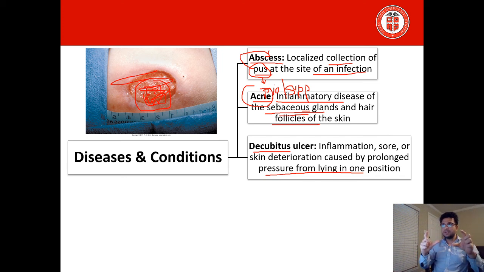When a person is paralyzed, especially on the areas of bony prominence, for example, if I'm lying on my side, then this part of my hip bone is too superficial and will be lying on the surface, gets a lot of friction, and won't get supply for a long time.